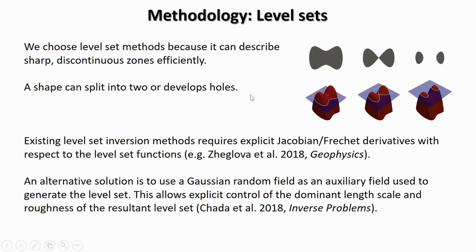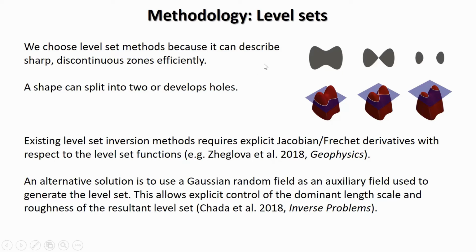The level sets approach has been used in a number of studies, and in some it's been used where an explicit assessment of a sensitivity matrix, a Jacobian, is required, and that can add some computational burden to the problem. What we can use as an alternative is a Gaussian random field, generate a random field, and actually use some thresholding within that random field to define the zones.